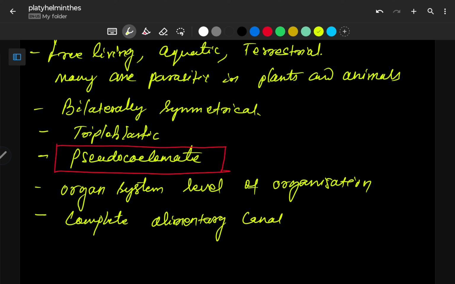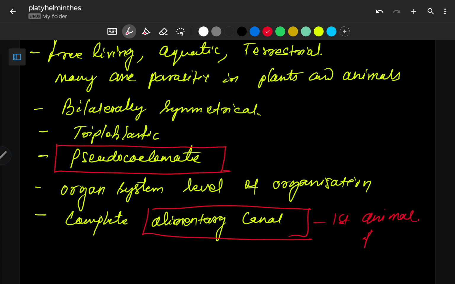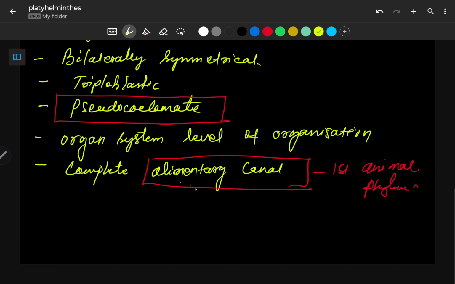This is the first animal, or you can say the phylum, to have the complete digestive system. So what do you mean by complete digestive system or complete alimentary canal? It means both mouth and anus present.